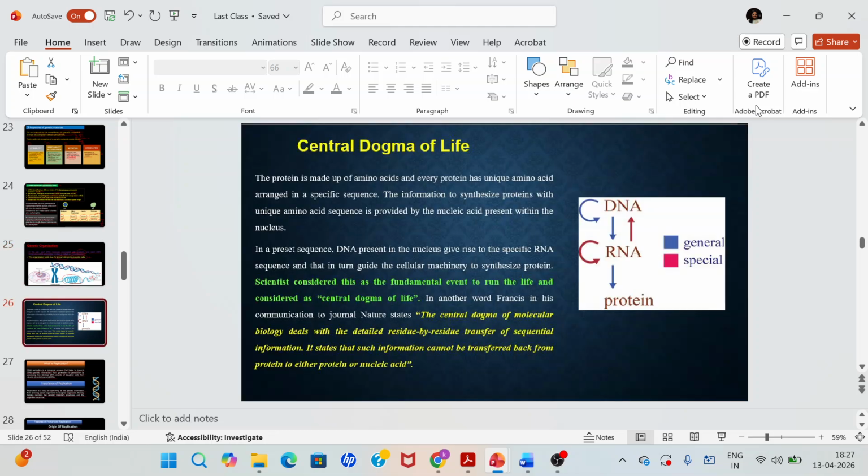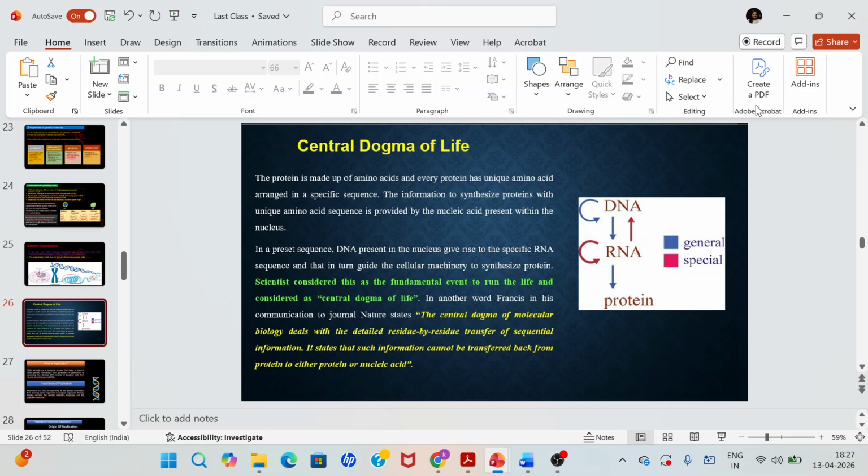Next comes the central dogma of biology, of life. The protein is made up of amino acids, and every protein has unique amino acids arranged in a specific sequence.